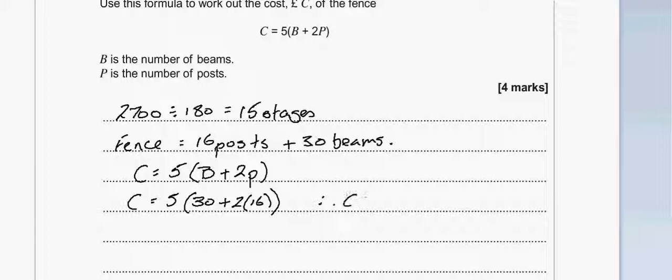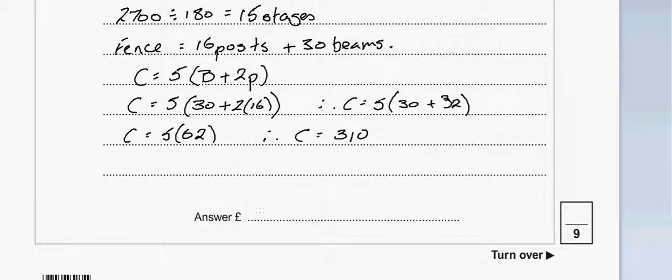You could just go to this step, which is 5 times 30 beams plus 32. So the cost would be 5 times, now 30 plus 32 is 62. So we can say that the cost would be 5 lots of 62, which would be 310. So we can say that this is £310.